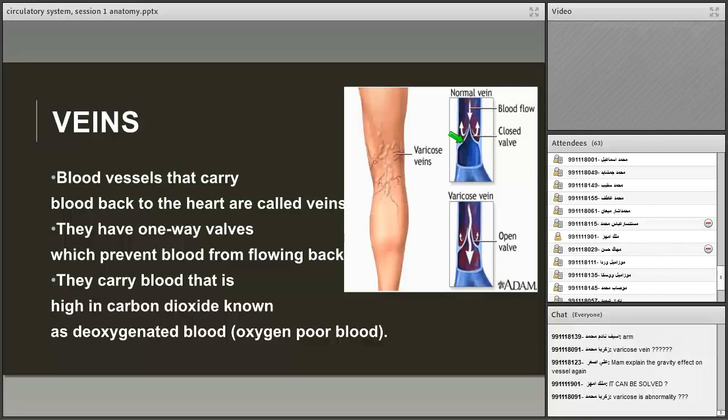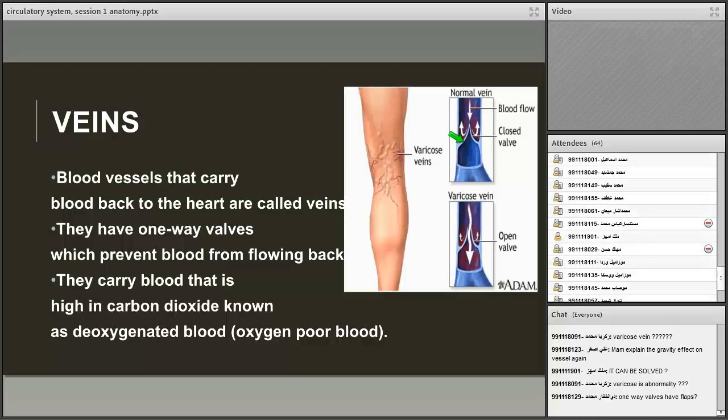When it flows to the head in arteries, pay attention, in arteries, yes, varicose vein is an abnormality. Please listen, I'm explaining the direction of the blood flow again, okay? The blood is pumping from the heart and it is flowing to all parts of the body.